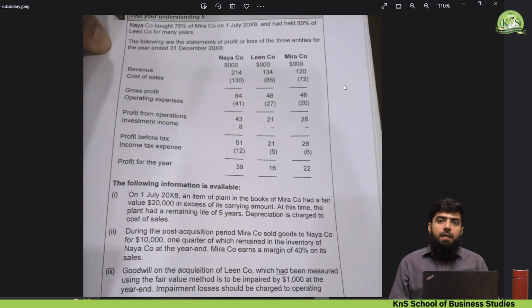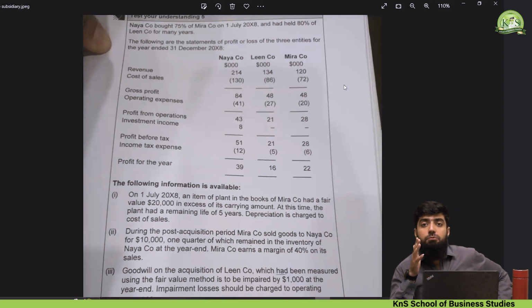Whenever we see a question in which the financial statements of three companies are given, a student normally observes one parent, one subsidiary, and a third, the associate company. But here, Naya's holding in both Media company and Lien company is more than 50%.